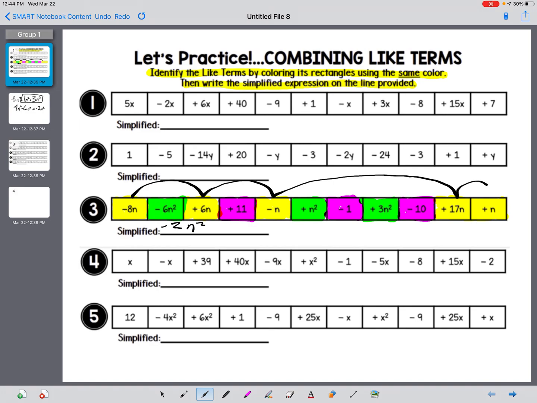And then here we have another 1n, so that's 15n. So plus 15n. And now we just add the constants together, the 11, the minus 1, and the minus 10. And 11 minus 1 minus 10 all equals 0. So we're just going to leave this. We could put plus 0, but no point in doing that. And so that's our final answer: negative 2n squared plus 15n.